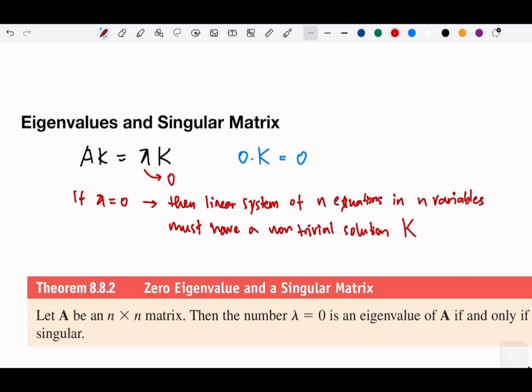But because of this, the conclusion is that the matrix A needs to be singular.